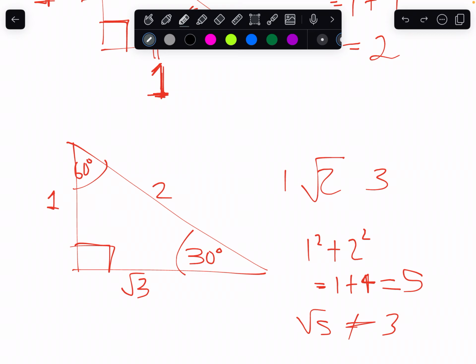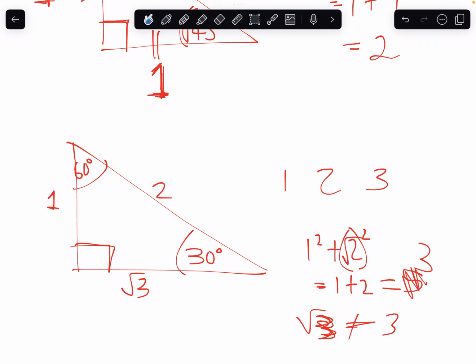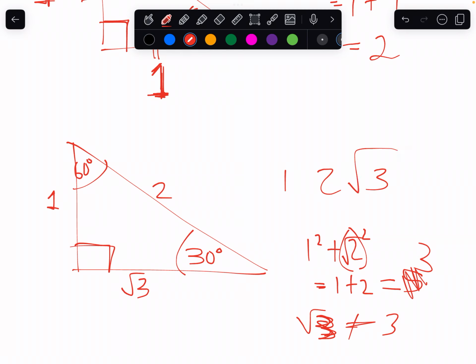So if the square root was on the 2, then I would have square root of 2 squared, which is 2, plus 1 gives me 3, and the square root of 3 is definitely not equal to 3, right? So the square root is not sitting right there. If you've completely forgotten, ideally just remember that the square root goes to the 3, right? But if you've completely forgotten, these are some ways that you can sanity check yourself.